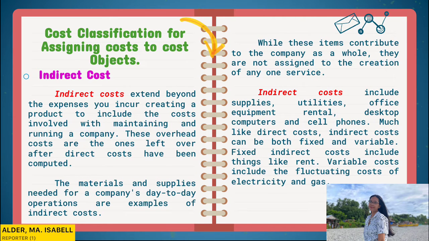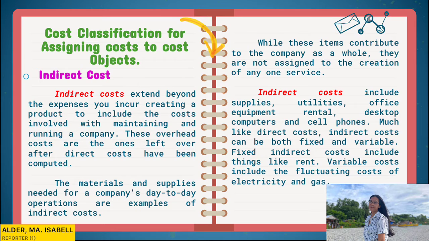Indirect cost. Indirect costs extend beyond the expenses you incur creating a product to include the costs involved with maintaining and running a company. These overhead costs are the ones left over after direct costs have been computed.